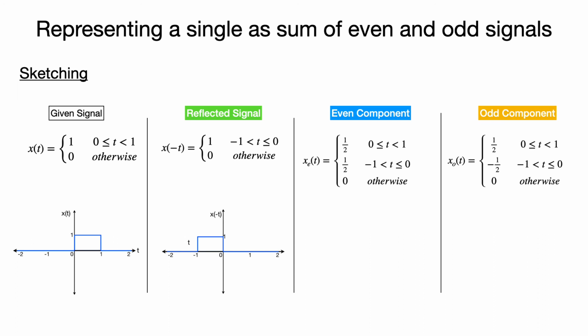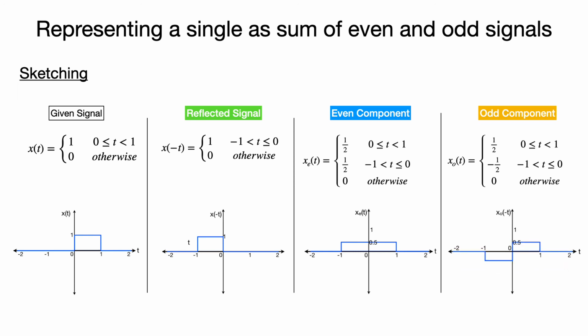It flips from 0 to 1 to 0 to -1, and the even component can be represented like this because it has value 1/2 between 0 and 1, and it has 1/2 value between 0 and -1 also, and 0 otherwise. And the odd component can be represented like this. It has 1/2 value between 0 and 1, and -1/2 between 0 and -1.